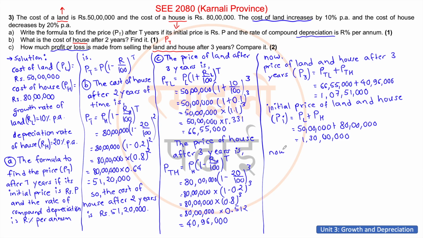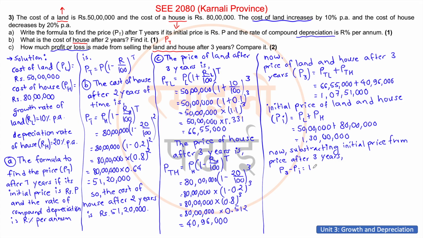Now subtracting initial price from price after 3 years, we have P3 minus PI.